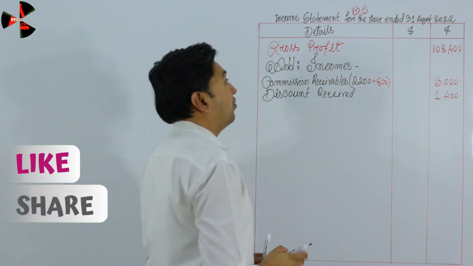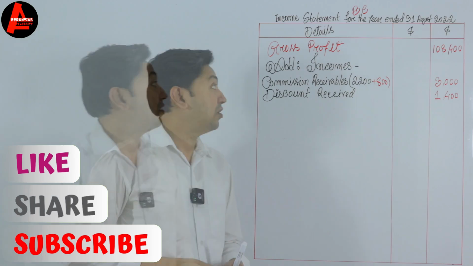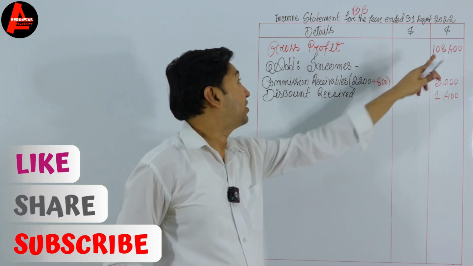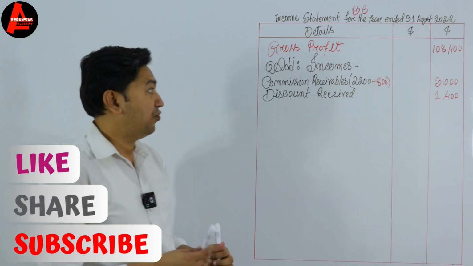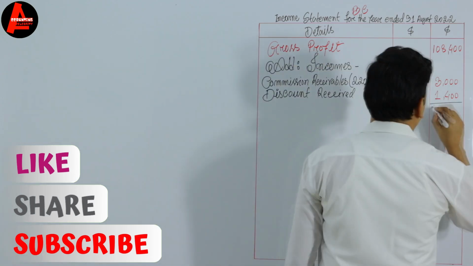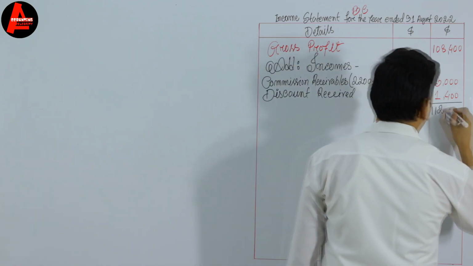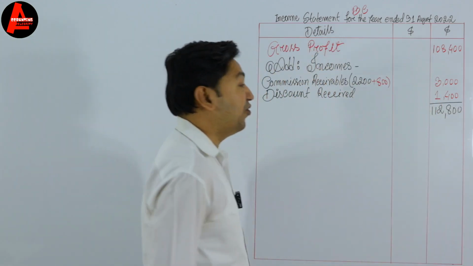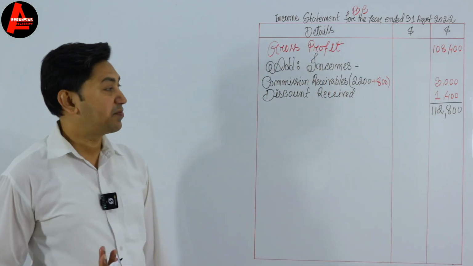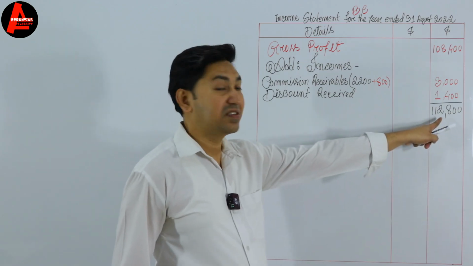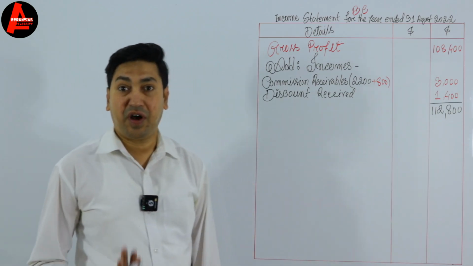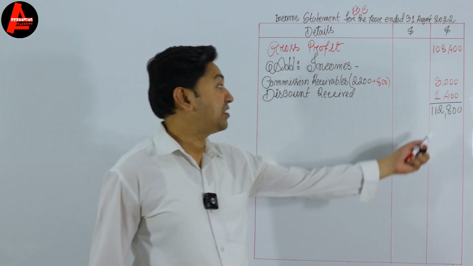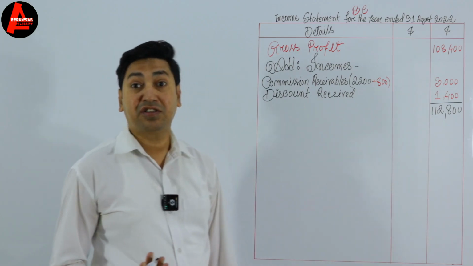Now if we sum up all the incomes with gross profit, we get $112,800. Now we will subtract all our expenses from this amount. If our expenses are more than this, then it will be a loss for the year.